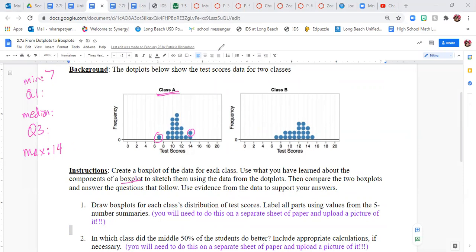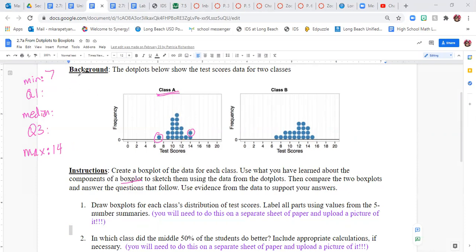From there, I need to find the median first, and then I can find my Q1 and Q3 based on that. For my median, I have to know how many data points there are. 1, 2, 3, 4, 5, 6, 7, 8, 9, 10, 11, 12, 13, 14, 15, 16, 17, 18, 19, 20.